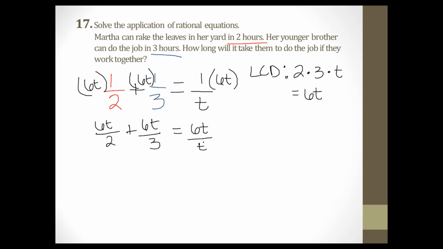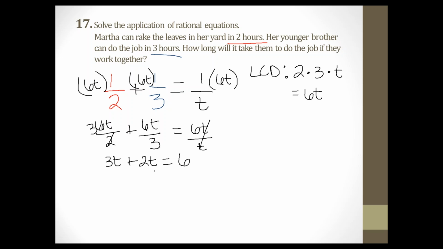Okay, so 6t divided by 2 cancels to just 3t, because you can divide both by 2. 6 over 3 is 2t. And then 6t over t, the t's cancel, and we're left with 6.